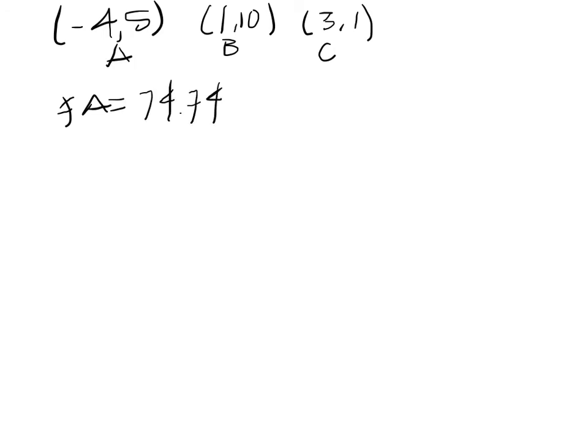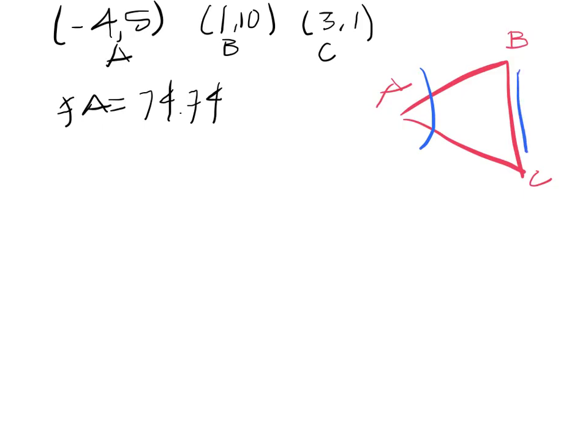Alright, now what I had to remember is I have this triangle A, B, and C. I've already found angle A. Now I need to do the same thing to find angle C. But to do that, I need to find vectors CA and CB.